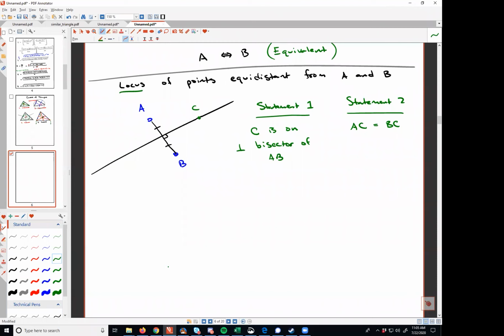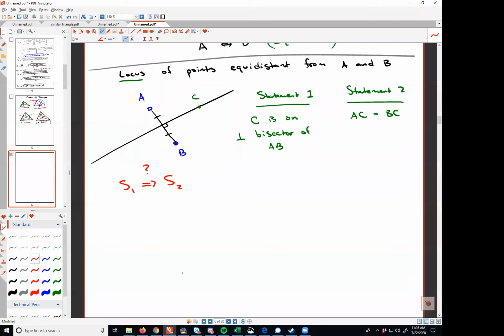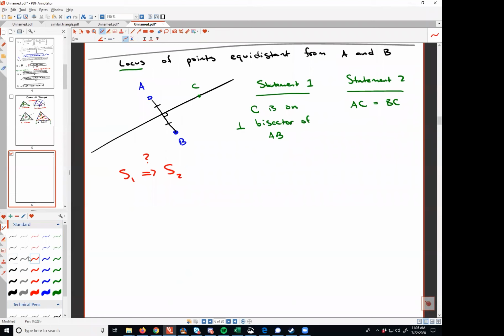So let's start with statement 1 implies statement 2. So let's say that we have these points A and B, and we draw their perpendicular bisector. So those lengths are equal. And we say, hey, C is some point anywhere on this perpendicular bisector. Well, you know what?